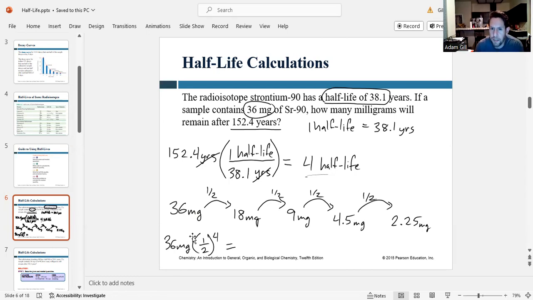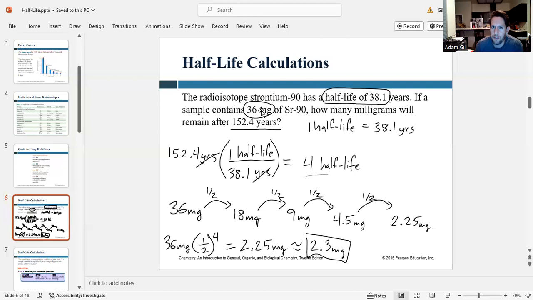So if you want to speed things up instead of writing it out every step, you can just punch it into your calculator like this, and you'll get the same answer, 2.25 milligrams. And if we were being really picky, we would round this to two significant figures because that's what's given in the problem as the least accurate measurement. So if we rounded that to 2 sig figs, that would be about 2.3 milligrams.